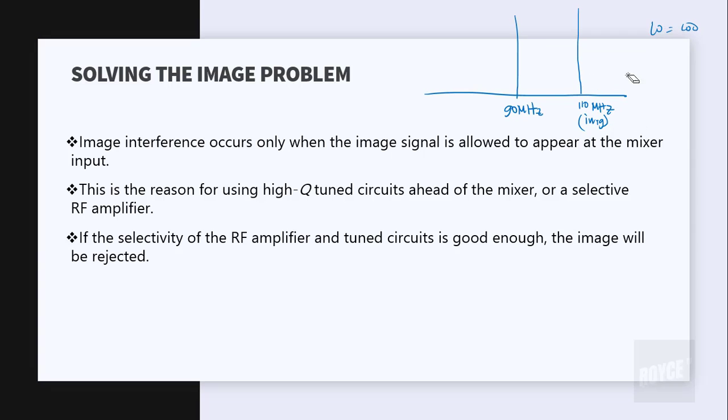So, para hindi na makapasok yung ating image frequency, then i-filter out natin ito. So, sureball na yan, hindi na makakapasok yung 110 MHz. Okay? If the selectivity of the RF amplifier and the tune circuit is good enough, then the image will be rejected. So it will all boil down to our filter circuit.